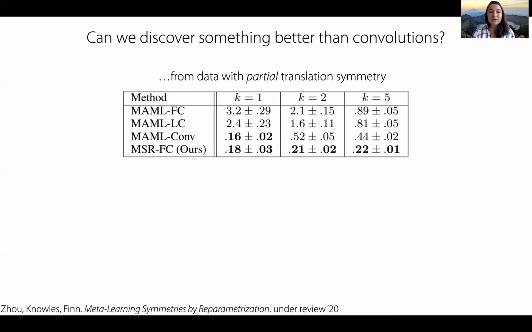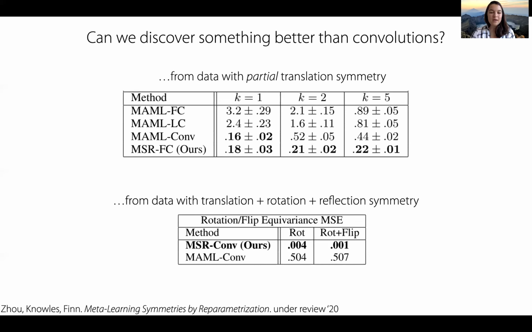So here's one example. Another example is, what if we have data that's translationally equivariant, but also rotationally equivariant and has reflection symmetry? In this case, we find that MSR is able to discover a structure that is stronger than translational equivariance and perform well both with data that is translationally and rotationally equivariant, as well as data that is translationally equivariant, rotationally equivariant, and reflection equivariant.